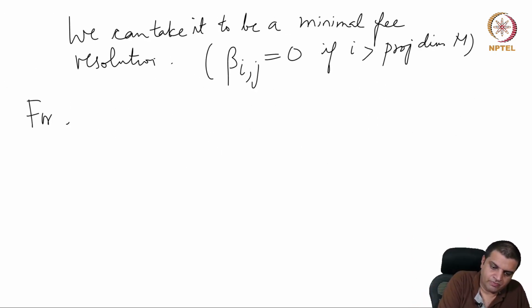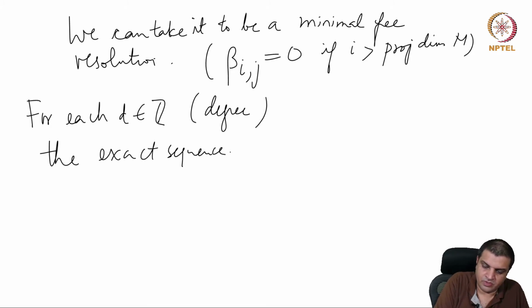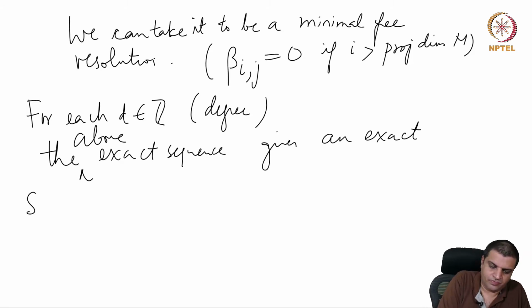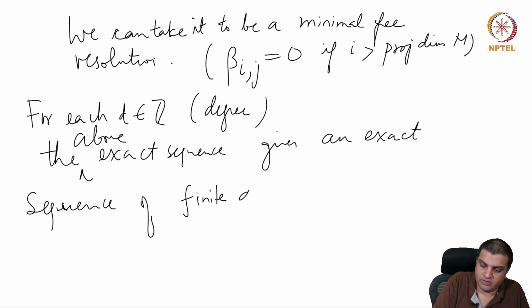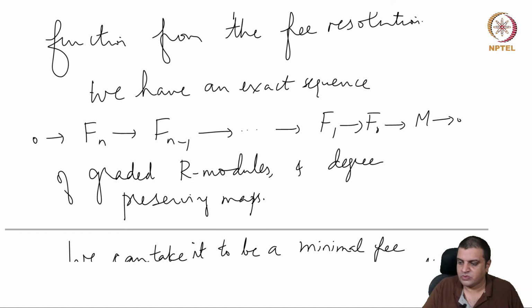So for each d in Z, the above exact sequence gives an exact sequence of finite dimensional vector spaces over K. Then we can write down the rank of M in degree d.